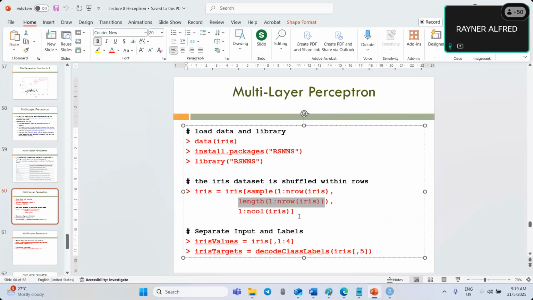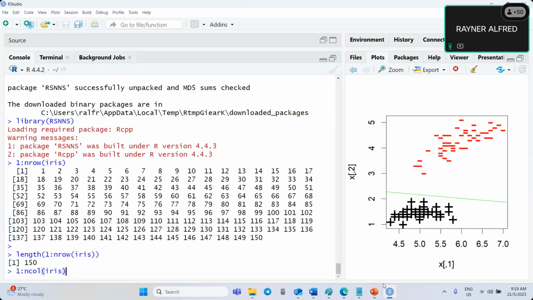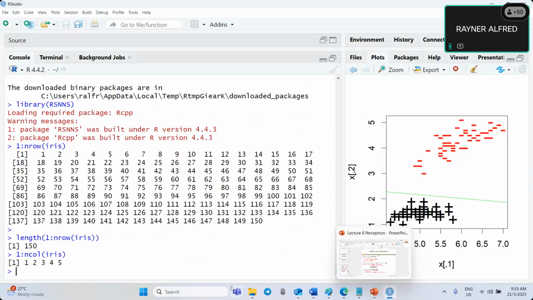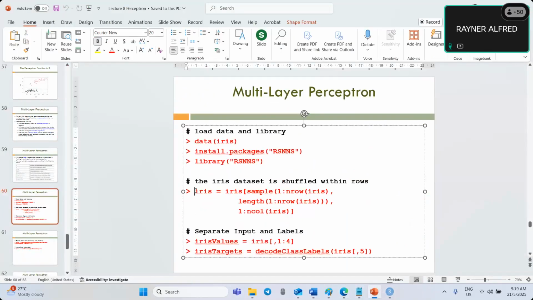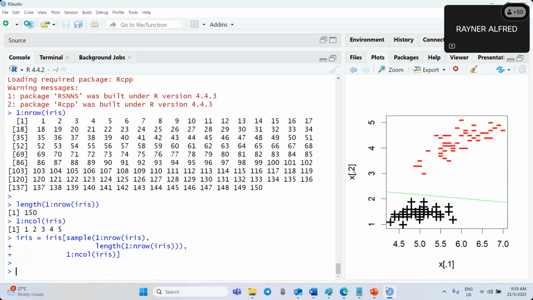We have 150, and this is the ID for the columns, 1, 2, 3, 4, 5. Okay. So basically this one will be shuffled. We shuffle this.